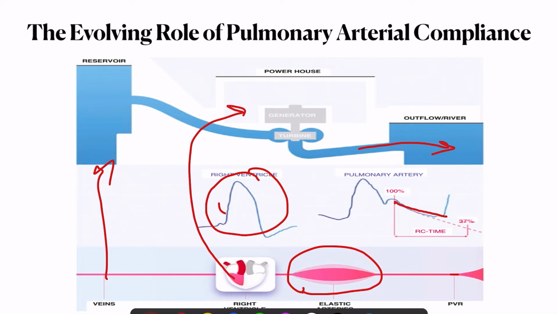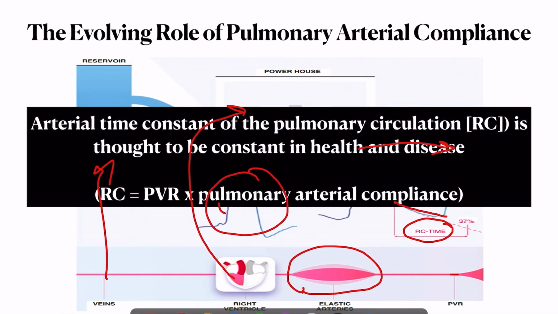This runoff gives us the RC time. We'll come into the details. The arterial time constant of the pulmonary circulation, that is RC, is thought to be a constant in health or disease. So this RC is considered to be a constant. It is equal to the pulmonary vascular resistance multiplied by the compliance.